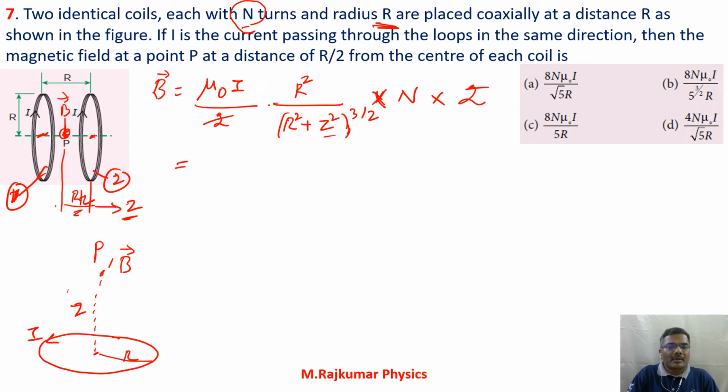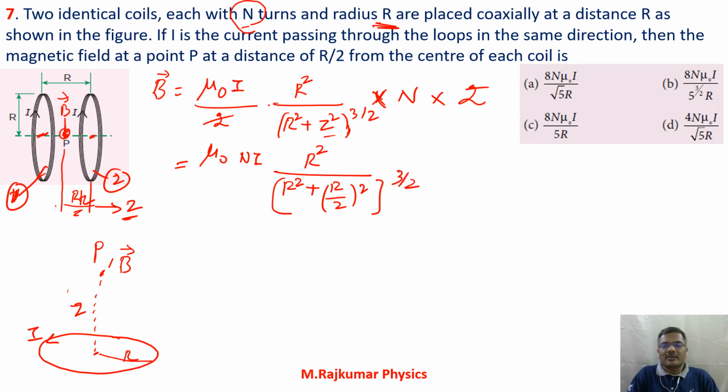Now the expression will be mu naught n I into r square divided by r square plus r by 2 whole square, all raised to the power 3 by 2. We have to simplify this, and that will give your answer.